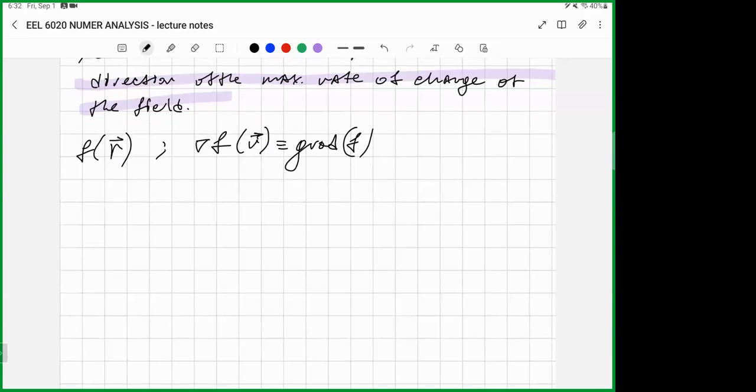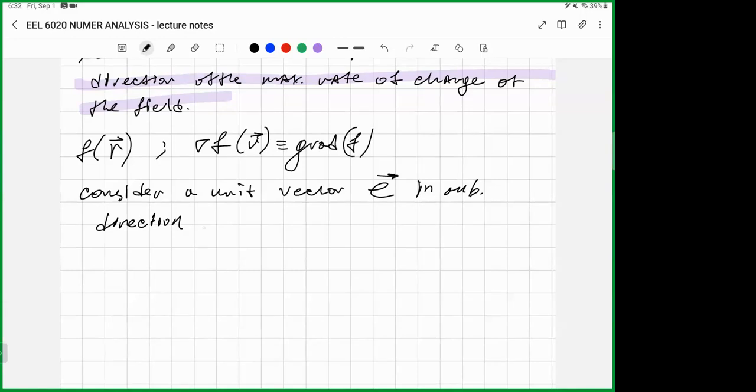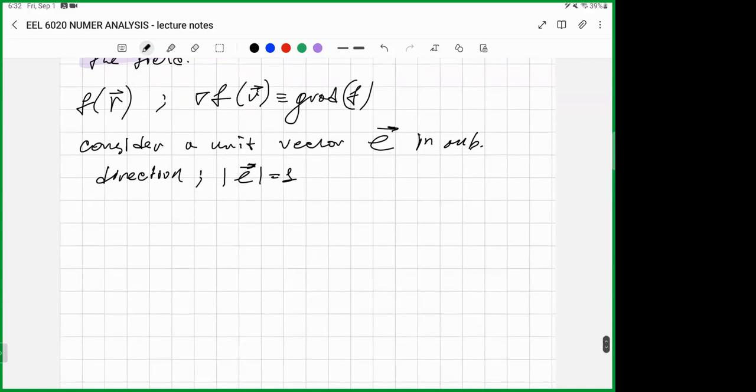So in this field, let's consider a unit vector. Let's denote it by E. A unit vector in an arbitrary direction. Since this is a unit vector, its modulus is 1.